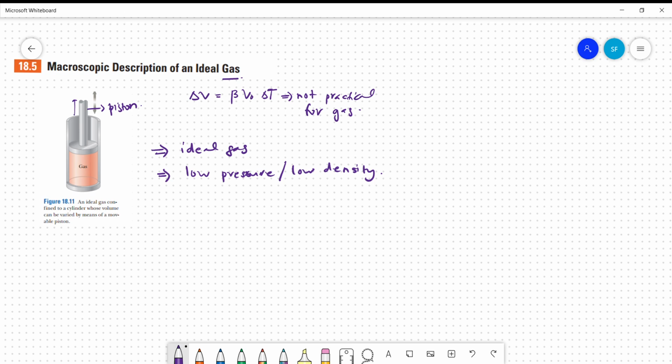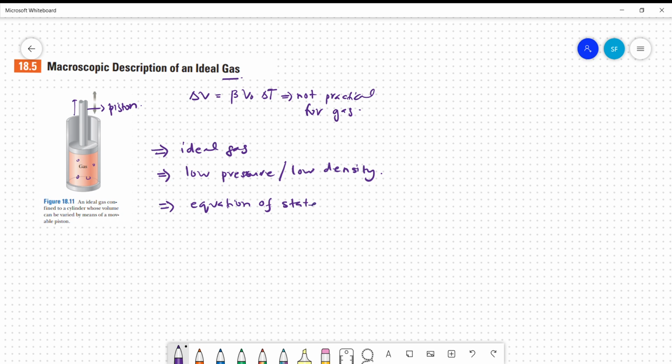Now, if the low pressure is maintained, then we can say that the molecules inside obey the equation of state, or the ideal gas law equation.